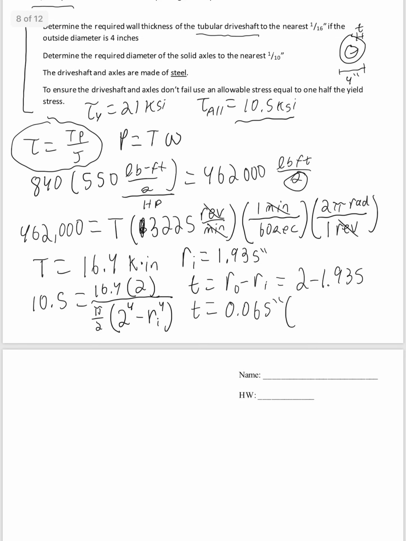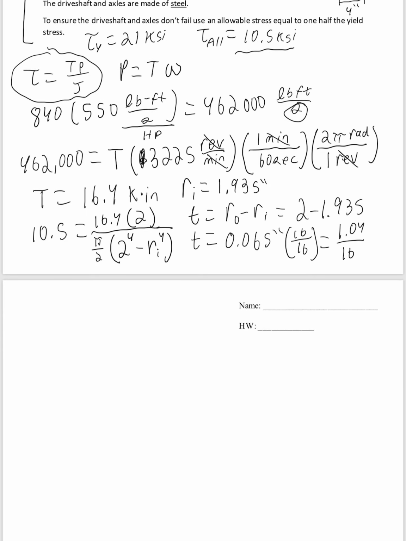So I'm going to multiply that times 16 over 16. So 0.065 times 16 gives us 1.04 over 16. So always round up, make it bigger than it needs to be. We'll get a thickness of 2/16, which is really just 0.125 inches.